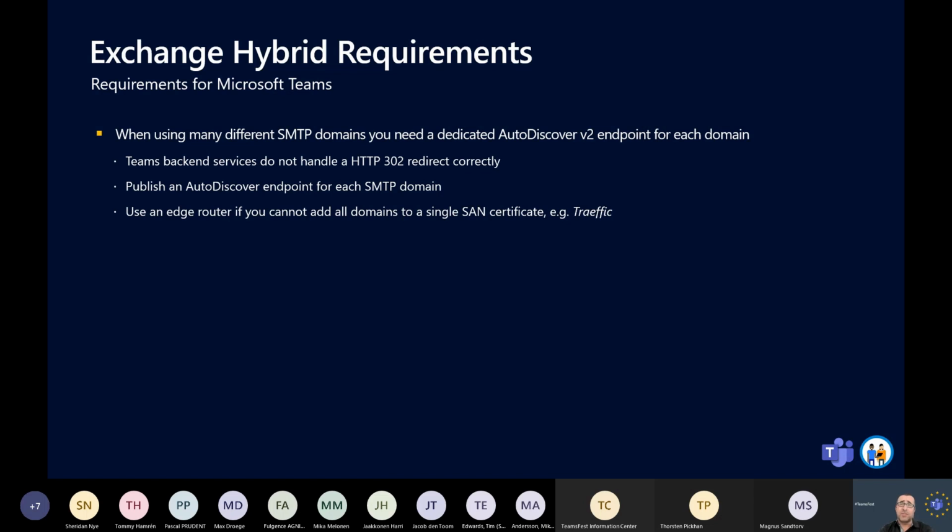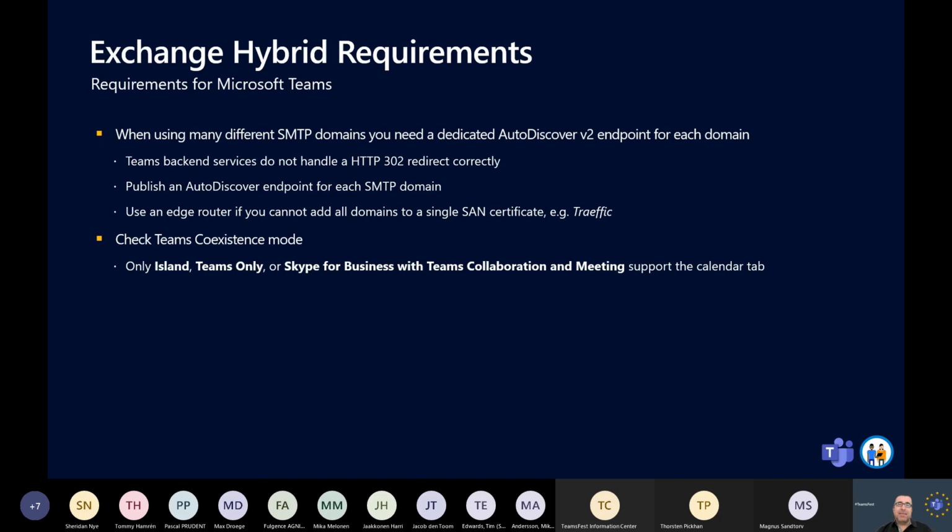The link is in the resources slide as well, which allows you to set up an endpoint for multiple names using, for example, Let's Encrypt certificates, and then perform a redirect to a single endpoint, which then represents the Exchange endpoint. But this is a totally different thing to explain. But I have implemented the Traefik tool with some customers that have quite a lot of SMTP domains.